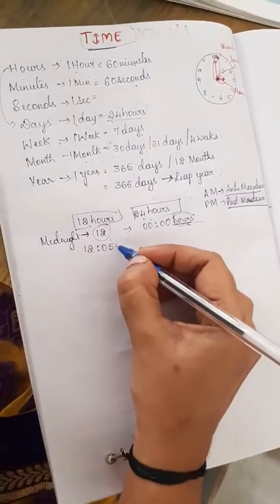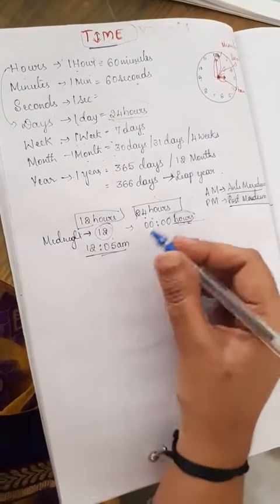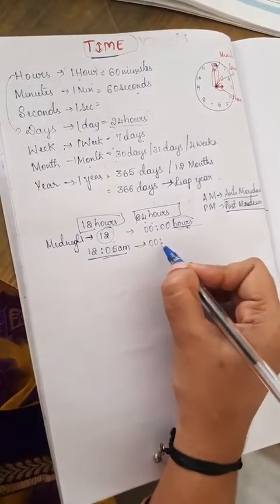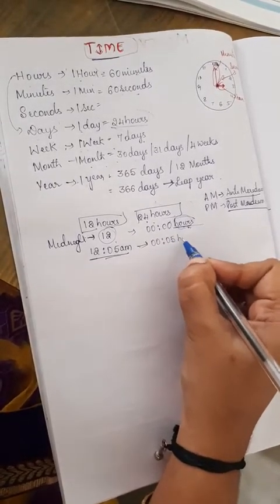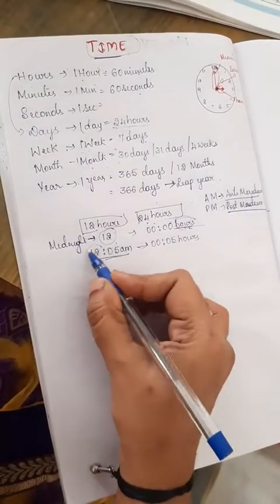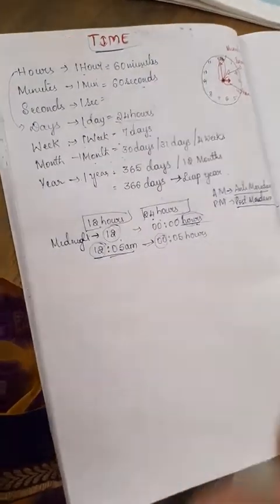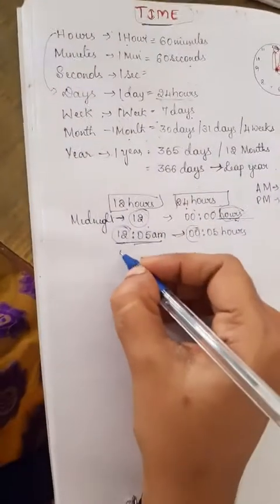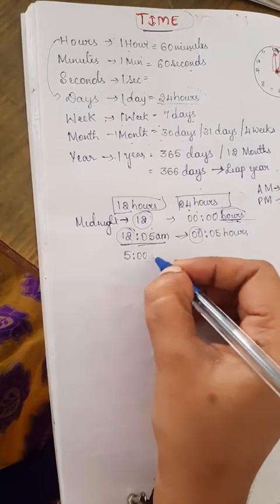So we call this AM. But when you are representing in hours, you represent it here as 05 hours. Okay, if it is 12, it is understood, it will always be 00. Okay, clear? Now, for example, it is 5 AM.